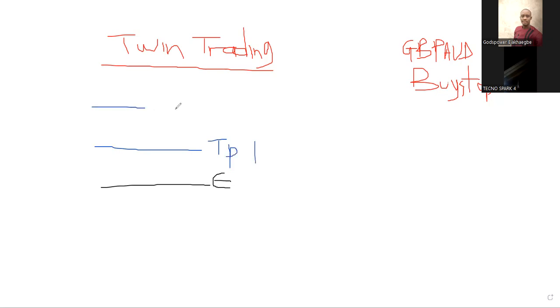And TP2. Stop loss. So what you do here is, once the trade comes here, let's say you have the trade running. Let's say the distance from here to here, the 5 pips or 10 pips here is $5.